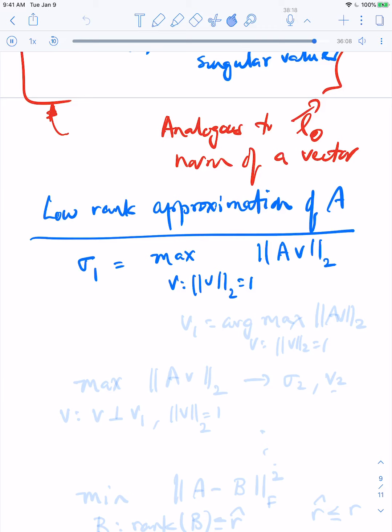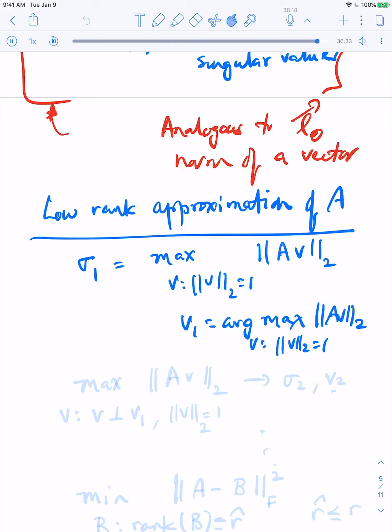So that's sigma 1. And by the way, let me say that V1 is the argument of the max there.